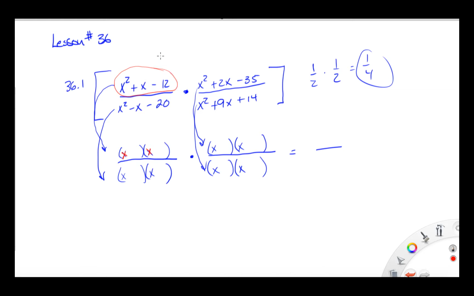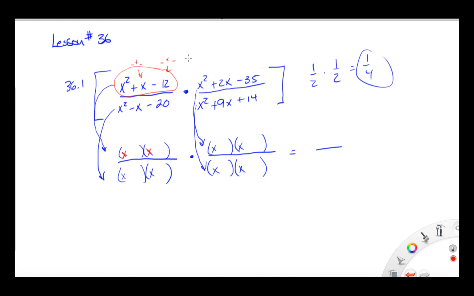Okay, how do we get an x and a negative 12 to show up if we multiply x times something and x times something? Remember that something times something is going to equal this number, and something plus something is going to equal this number.